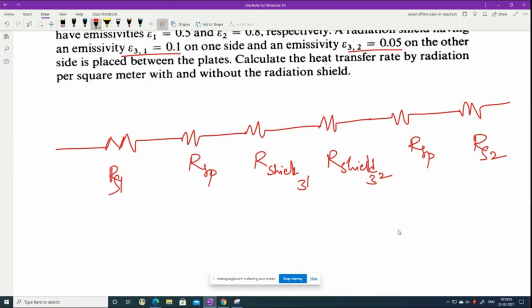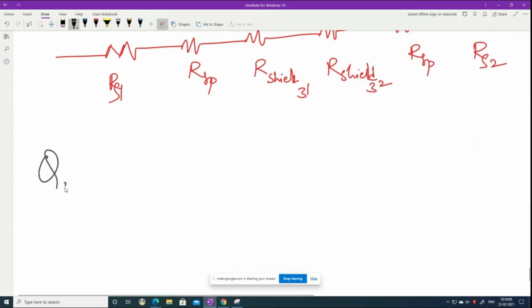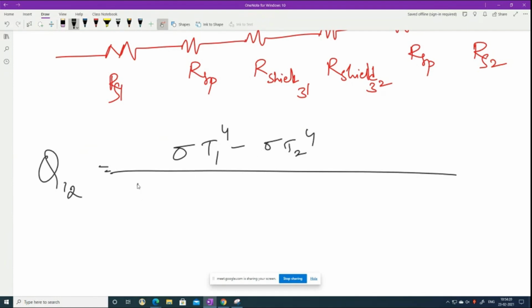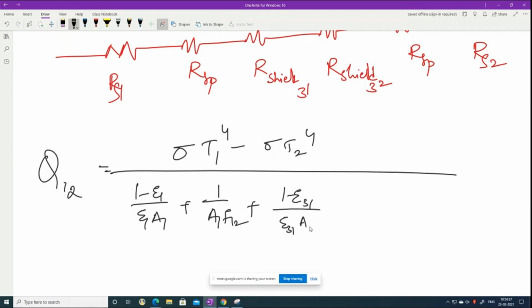So if you write here, the Q12 will be equal to sigma into A1. So I will write the difference first, sigma into T1 to the power 4, sigma into T2 to the power 4. That is the difference. In the denominator, 1 minus epsilon 1 by epsilon 1 A1 plus this resistance due to space is 1 by A1 F12 plus resistance due to shield is 1 minus epsilon 31 by epsilon 31 A3. You can take 3, he's calling it essentially as a third body.